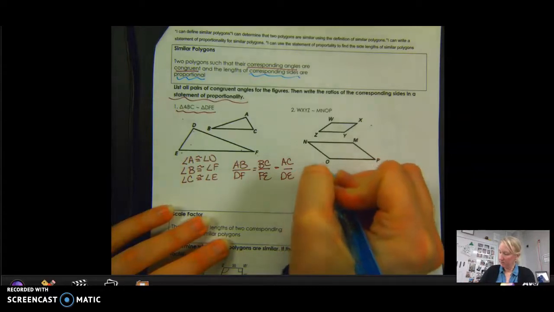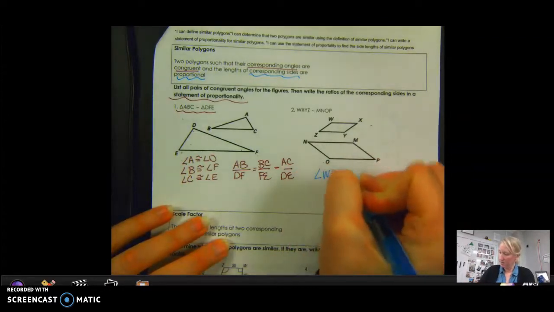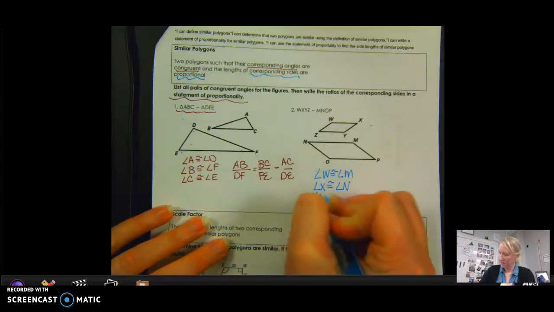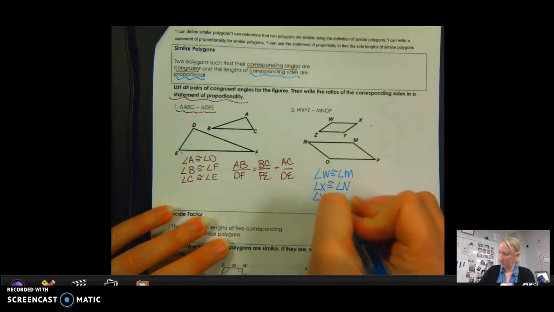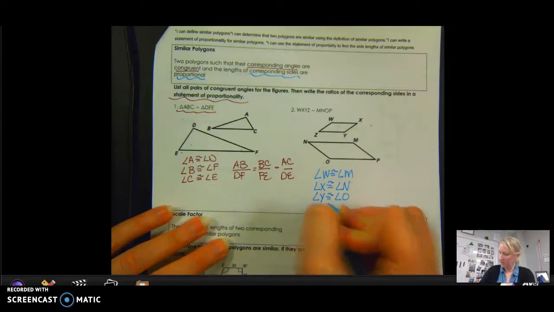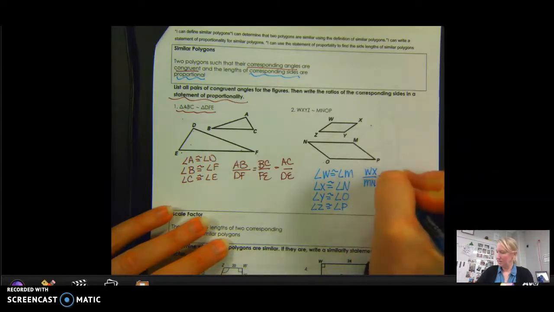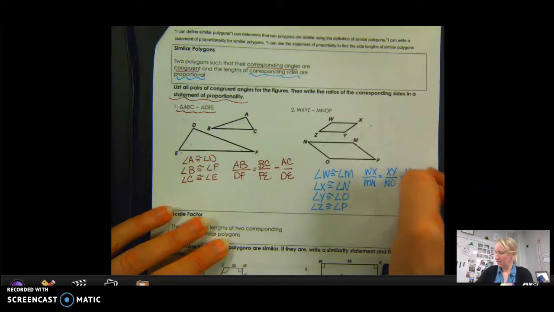So angle W congruent to angle M, angle X congruent to angle N, angle Y congruent to angle O, and angle Z congruent to angle P. Then we have WX over MN is equal to XY over NO, which is equal to YZ over OP, which is equal to WZ over MP.